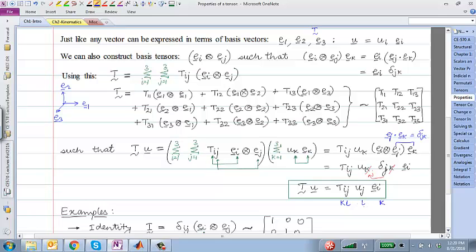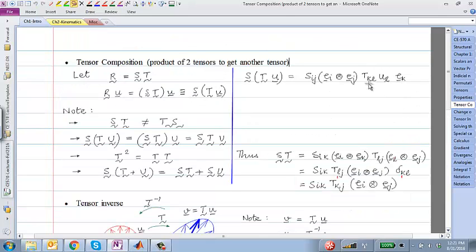Can I say that? Yes, because both I and J are repeated, which means they're dummy indices. You can replace them with anything. Why? Since they're repeated, there are 2 summation signs, sum over I and sum over J. What variable you use to sum is immaterial. So indeed, what we have here is exactly the same as this.